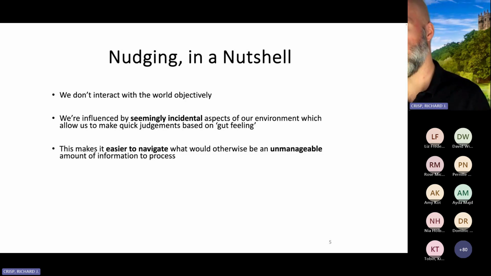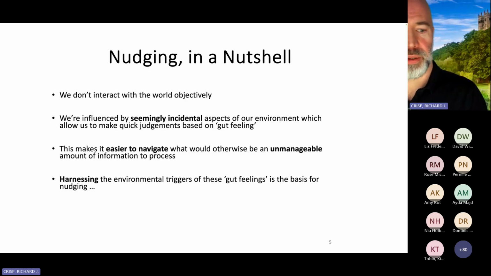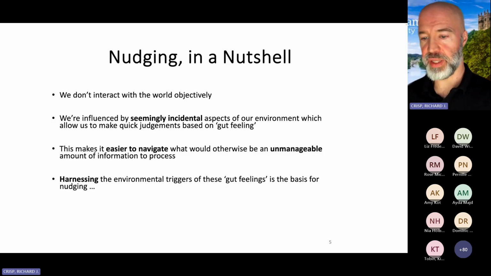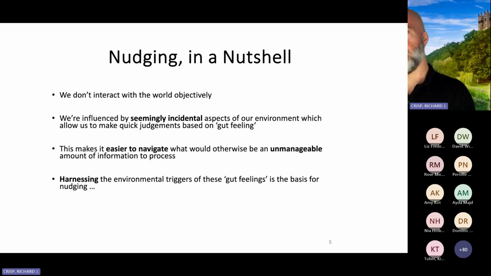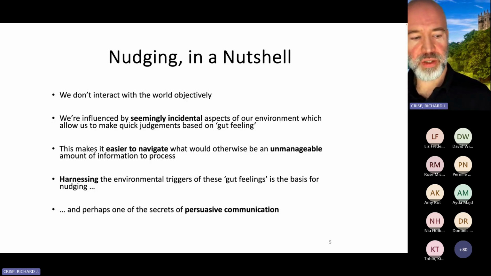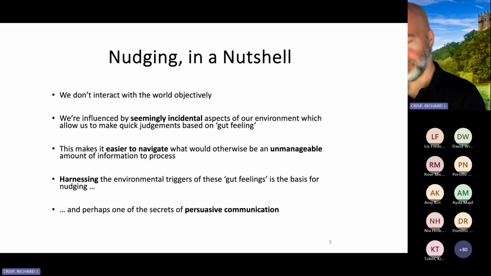I can just make a quick decision, and most of the time they get us to where we want to go. Harnessing these environmental triggers, these gut feelings, is the basis for nudging, and I'm going to argue today is perhaps one of the secrets of effective persuasive communication.